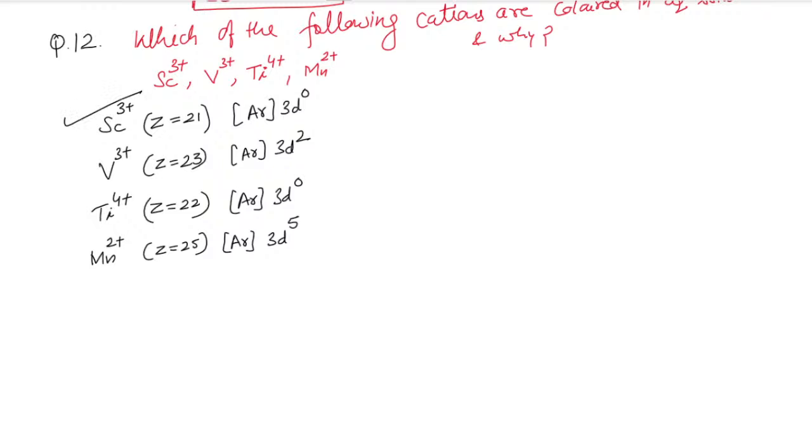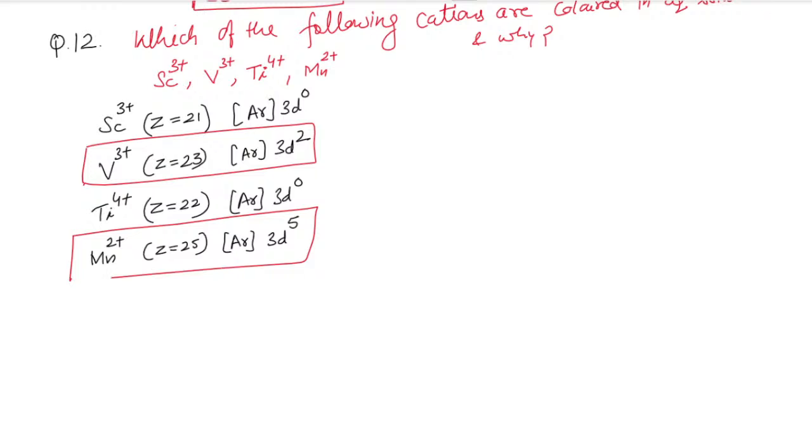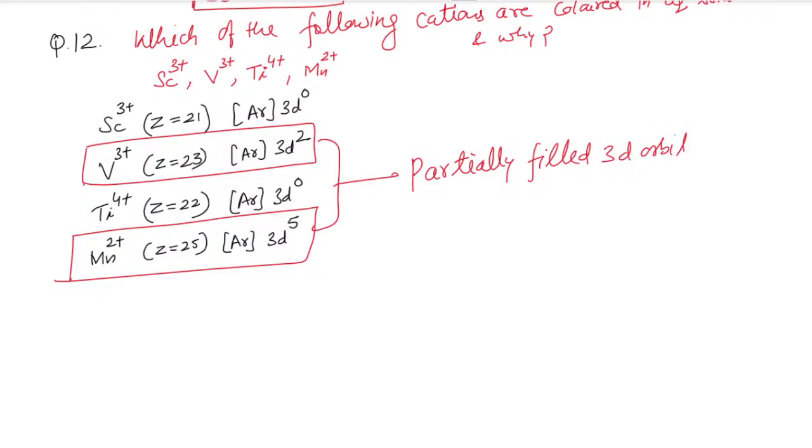So vanadium and manganese ions have partially filled 3d orbitals. That is why d-d transition is possible, and that is why they are colored.